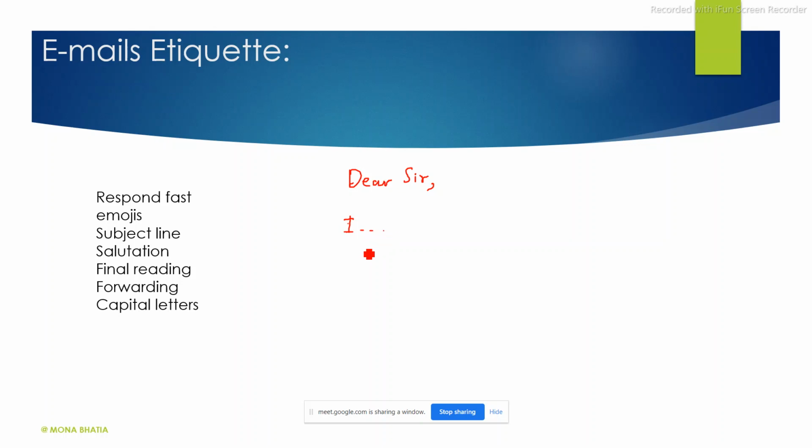Then if there is a proper noun like Godrej company and all, whatever you have to write, Inc. So just make sure that everywhere, wherever capital letters are required, you are using them. You are not ignoring.